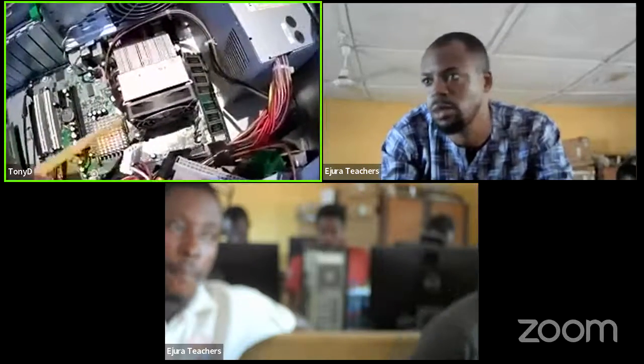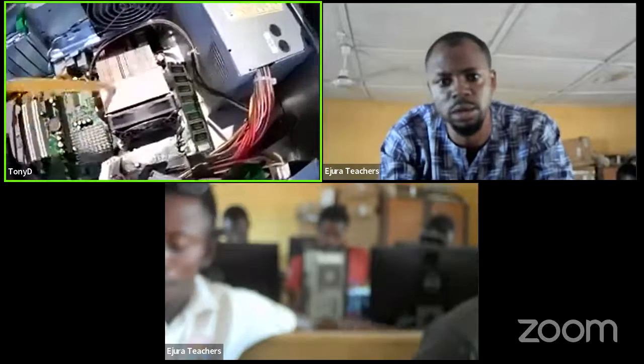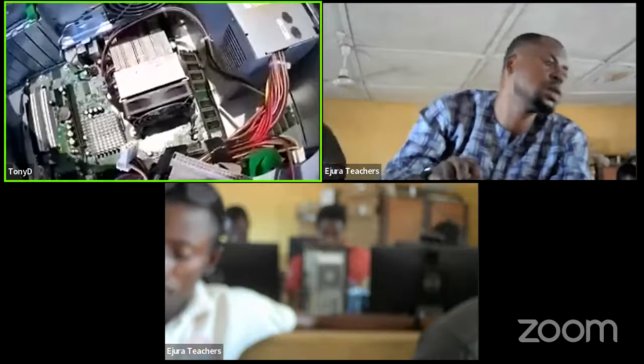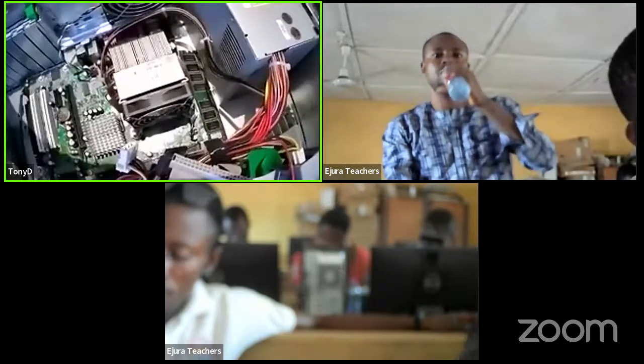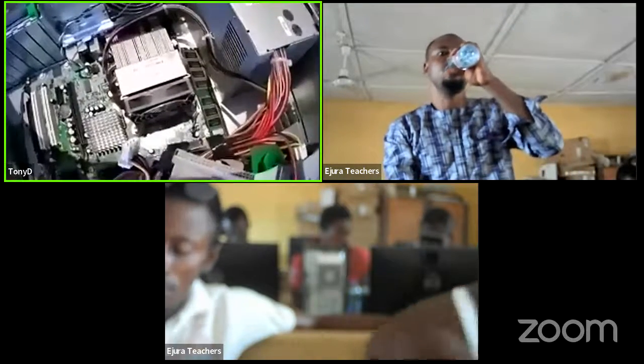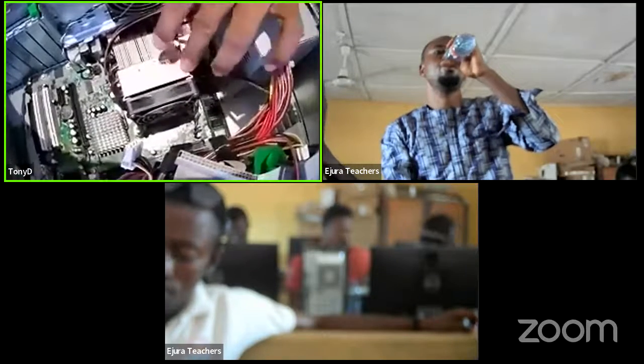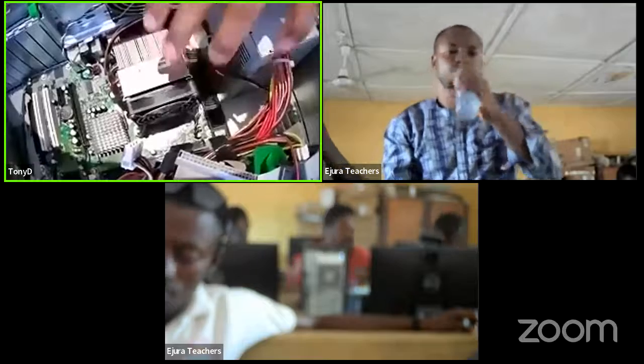Because the brain, which is the CPU, will start processing. The heat sink is there to make sure that the brain of the computer doesn't get hot.